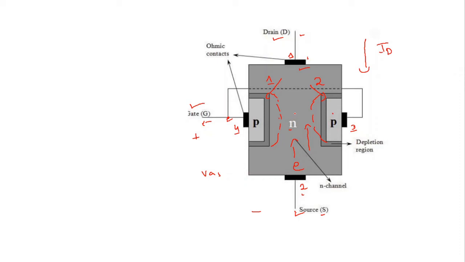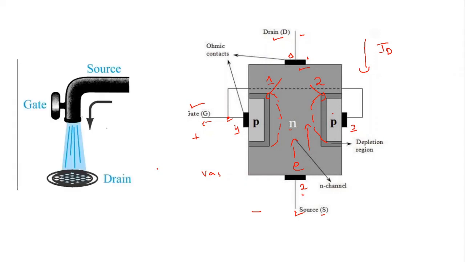Now we can draw an analogy between this JFET transistor and a spigot. We have a spigot here. Whenever we have water stored at some height, it will have some potential energy, which is mgh. Similarly, when we apply a potential difference, we are applying potential energy in the form of potential difference. So an analogy can be made between the potential energy stored in water and this VGS potential difference.